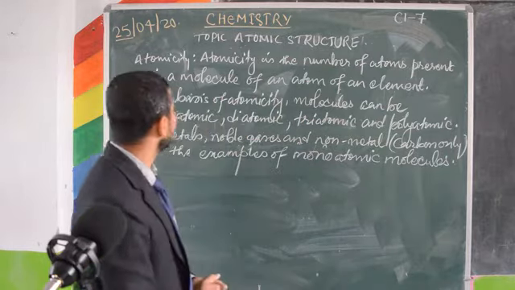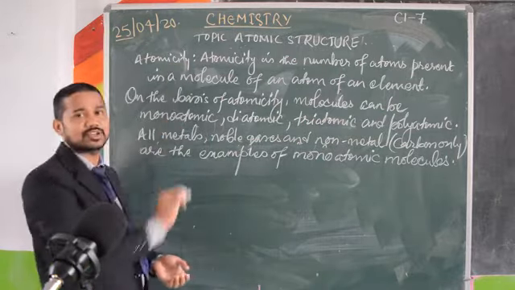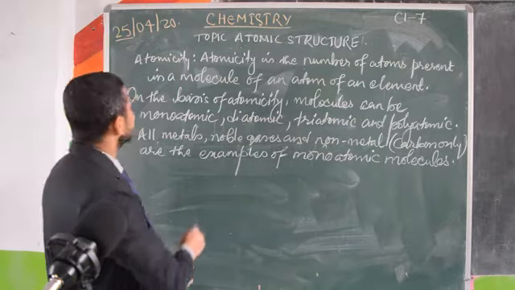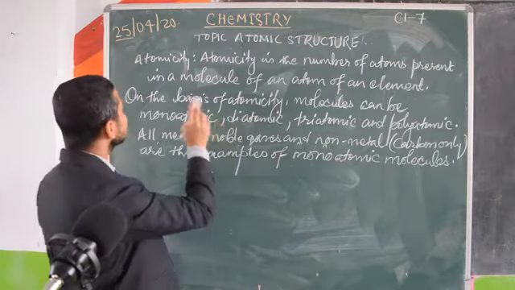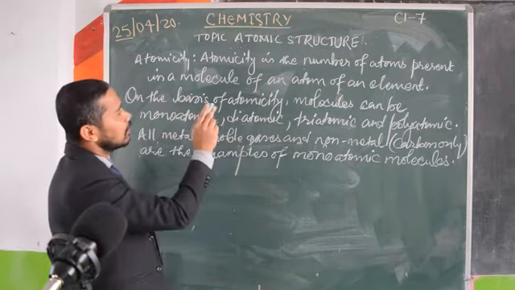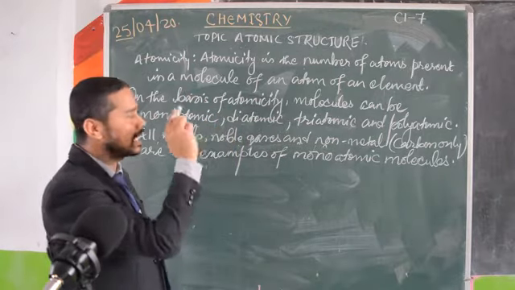Today we are going to learn about atomicity. Atomicity is the number of atoms present in a molecule of an element.